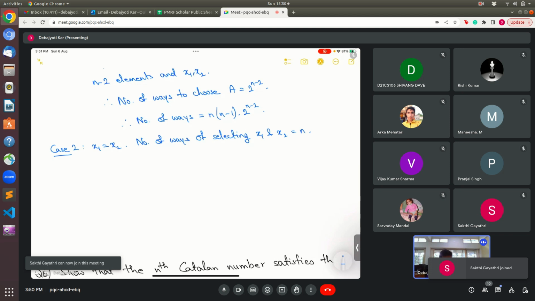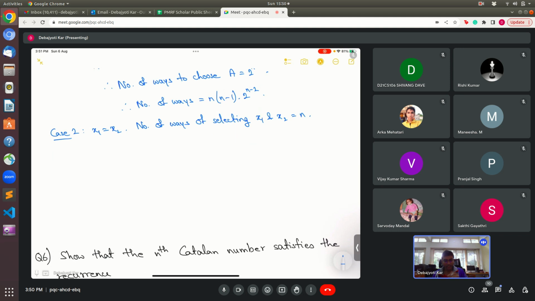And now once we have selected x1 and x2, what is our A? A contains this particular value and out of the remaining n minus 1 numbers, it can contain any subset of that.